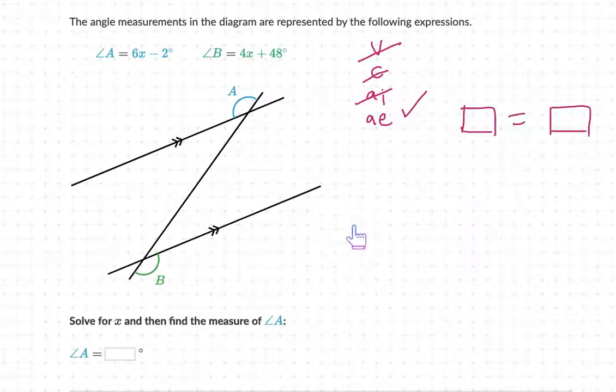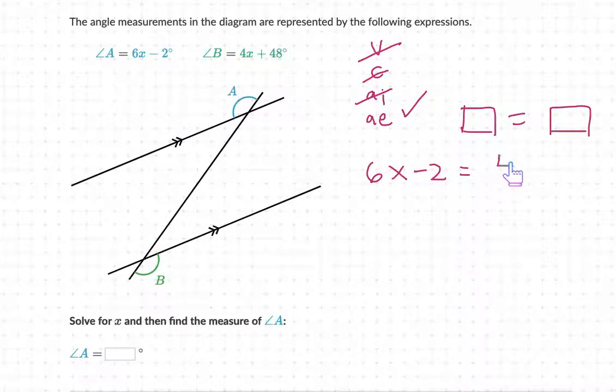So that tells us that our equation is going to be 6x minus 2 equals 4x plus 48. I just put each of those angles equal to each other because alternate exterior angles are always going to be congruent or equal to each other.